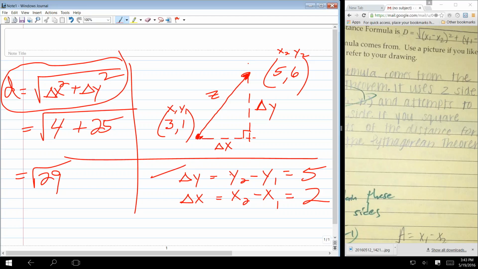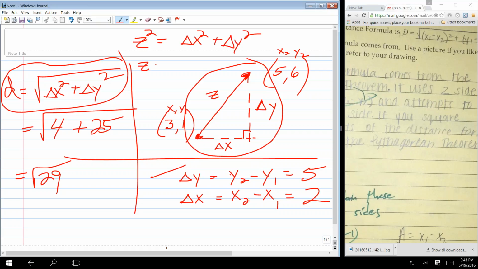In other words, if you apply Pythagorean's theorem to that, you get z squared equals delta x squared plus delta y squared, which means z is equal to the square root of delta x squared plus delta y squared, which means z is equal to the square root of x sub 2 minus x sub 1 squared plus y sub 2 minus y sub 1 squared.